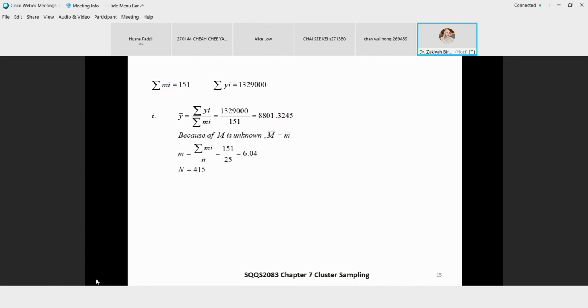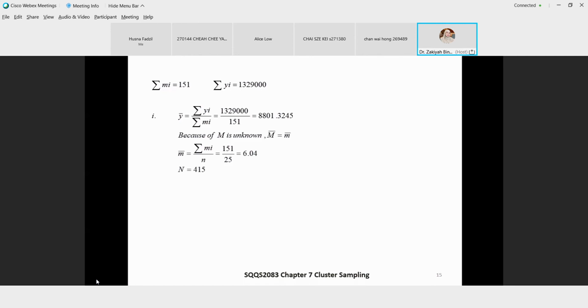Now, the big M is unknown. You only know the big N, which was 415, the total number of blocks. You have 415 clusters, but out of this 415 you only select 25 clusters. Is it going to be biased? It shouldn't be, because they are identical, they have similar characteristics.